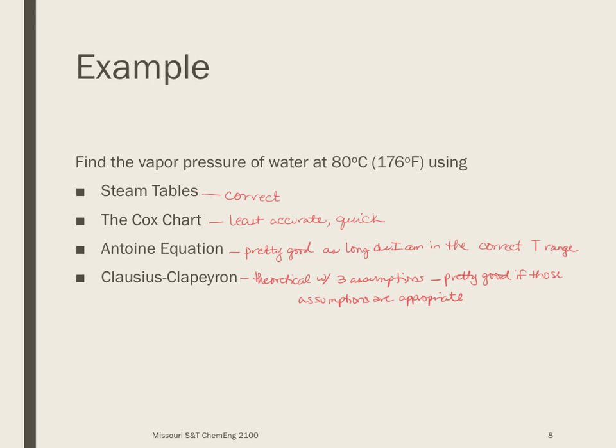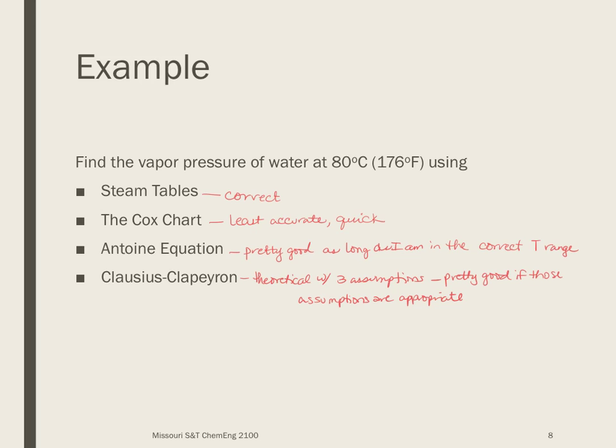Okay, so when would those assumptions be appropriate? When the gas is going to be more like an ideal gas. So when the overall temperature is high and the pressure is low, okay? And when the molecule is going to be small and spherical, okay? So those are going to be my ideal gas assumptions. And then I have the trick of, is delta H vaporization constant?